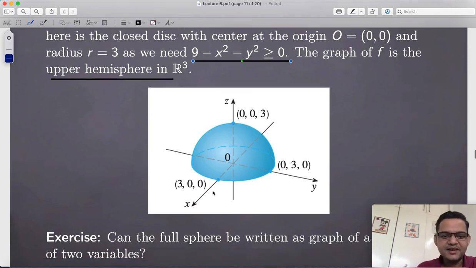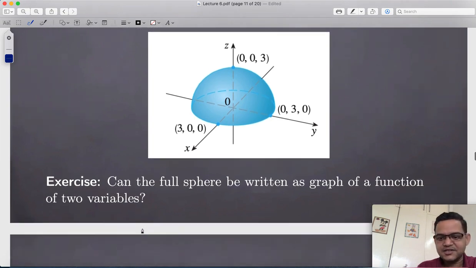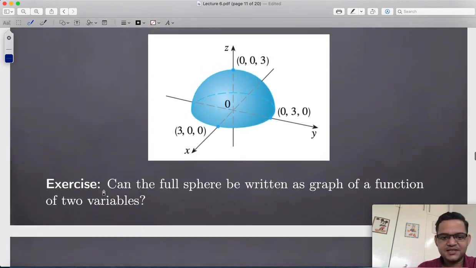Okay, this is something very interesting here, and it's left as an exercise. This is only half of the sphere. Can I express the whole sphere as a graph of a function of two variables? So this is the question. I am able to write the upper half of the sphere as the graph of a function of two variables.